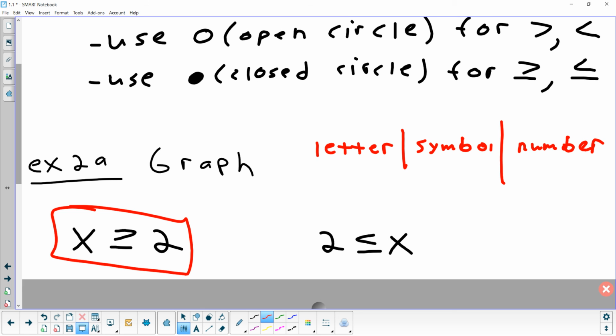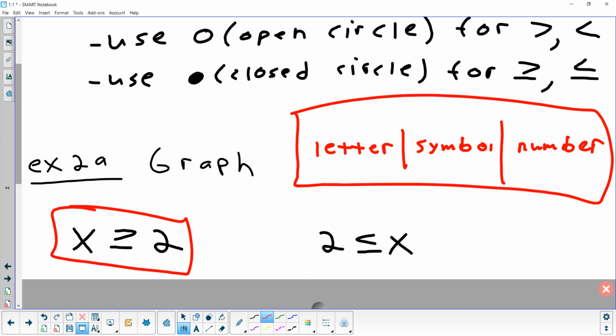If it's not set up letter, symbol, number, like this one on the right, then this will not tell you the direction to shade. In fact, it'll tell you the opposite way to shade. So whenever we write an inequality, let's try to stick with that pattern.